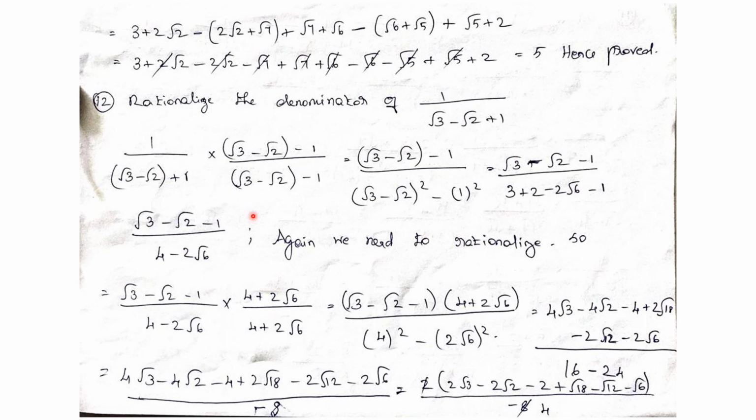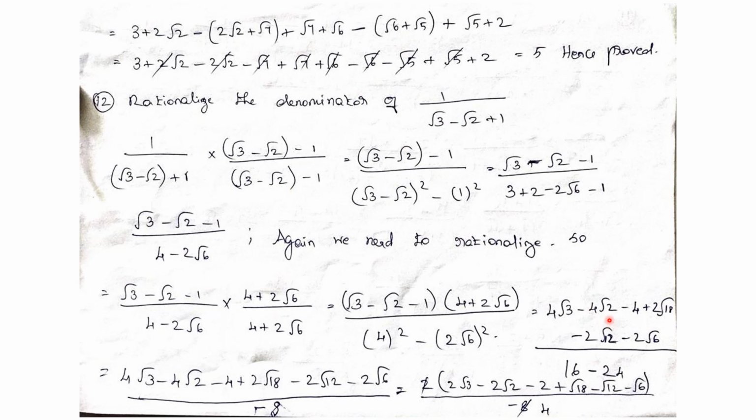So if we take like that, root 3 minus root 2 is a single term, I mean it is A, plus 1. 1 is B. So we need to rationalize this one. For that we have to take the opposite sign. So root 3 minus root 2 minus 1. Instead of this plus, we have written minus 1 by root 3 minus root 2 minus 1.